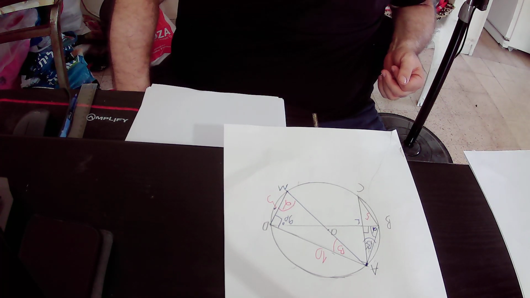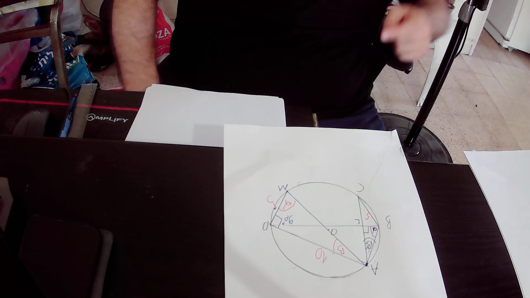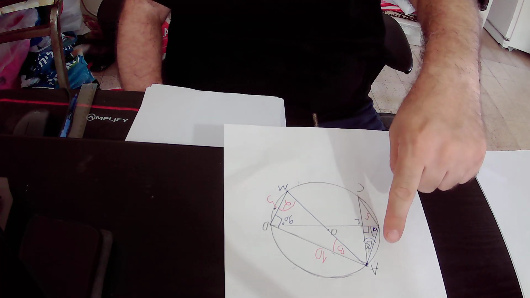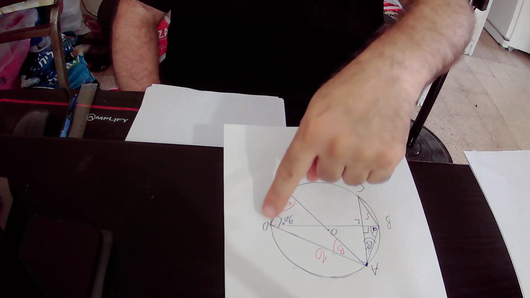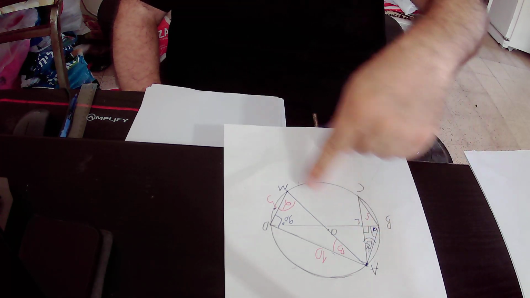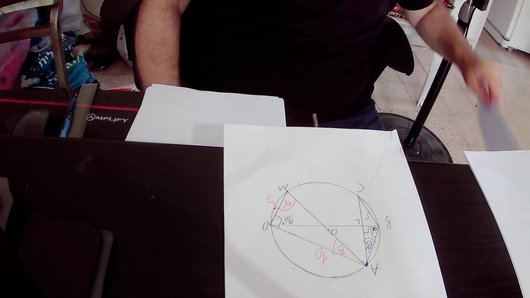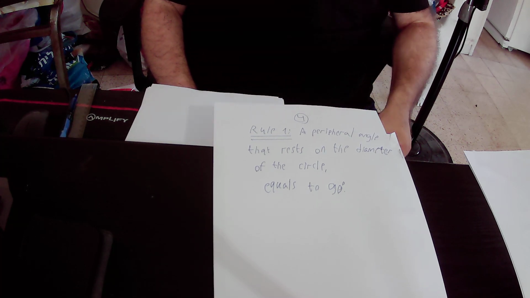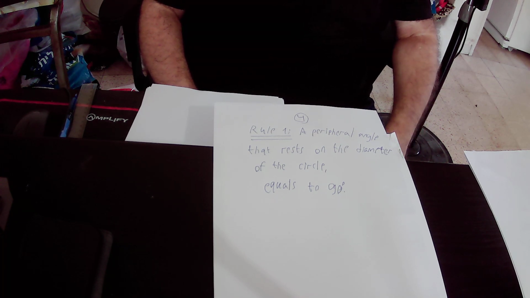And as you can see from the drawing, angle ADM rests on AM, that is the diameter of this circle. And we have rule number 1 that states that a peripheral angle that rests on the diameter of the circle equals 90 degrees.